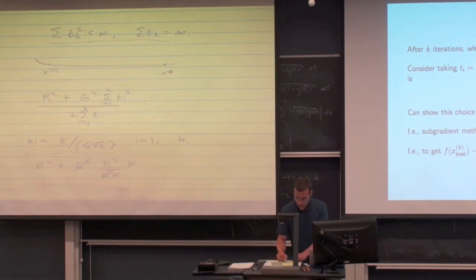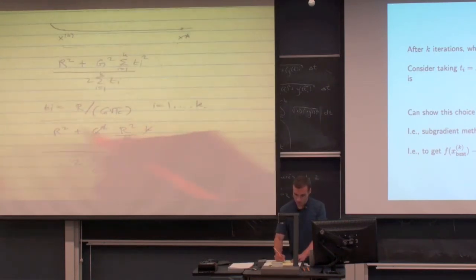Right, all over 2 times r over g times root k, and I'm adding that up k times, so again I get a k here. Okay, so the squareds cancel with the r, I get a 2 that cancels with the 2 r's, and I get r g over the square root of k.